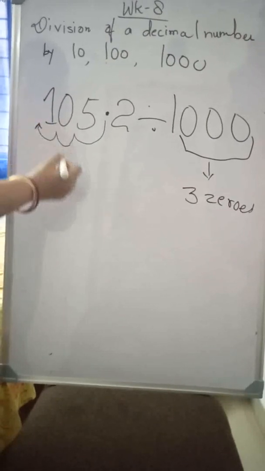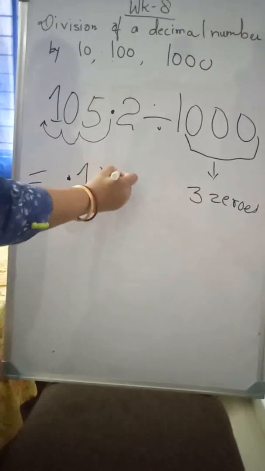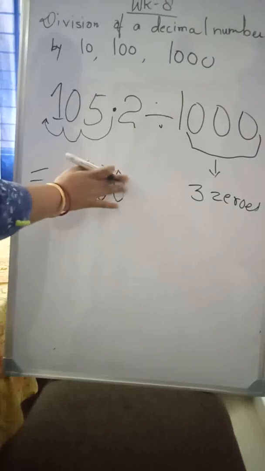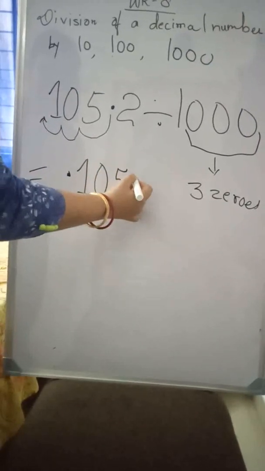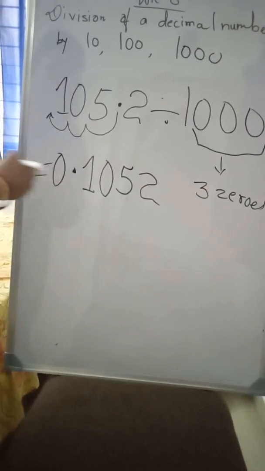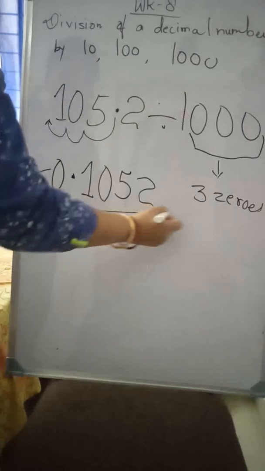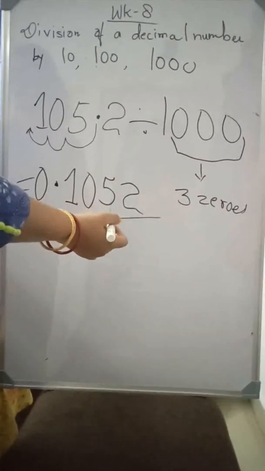So the decimal point will come just before 1 after crossing 3 digits, 105, right? And then see the answer. When there is nothing in the whole number, put 0. So 0.1052 is the answer, right?